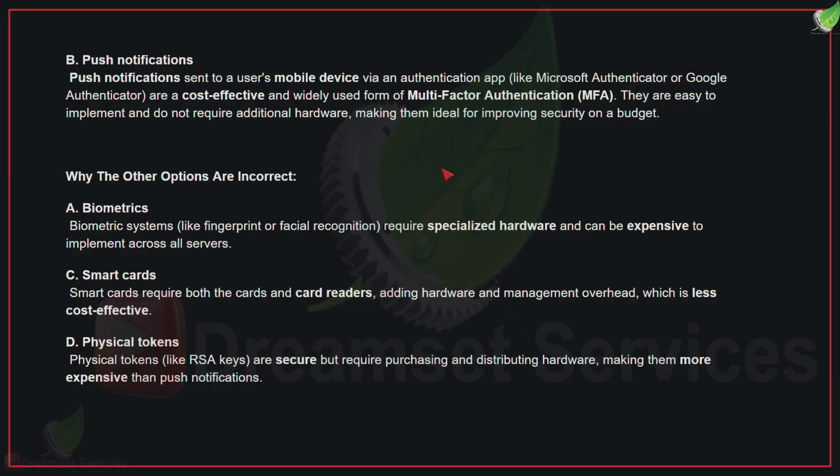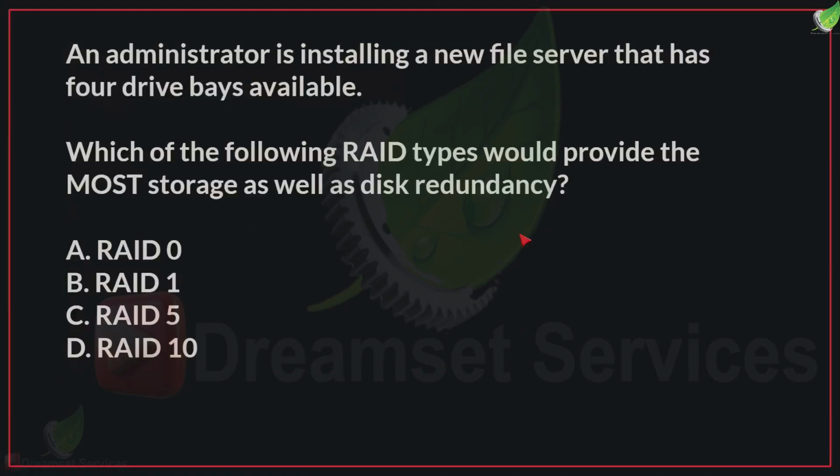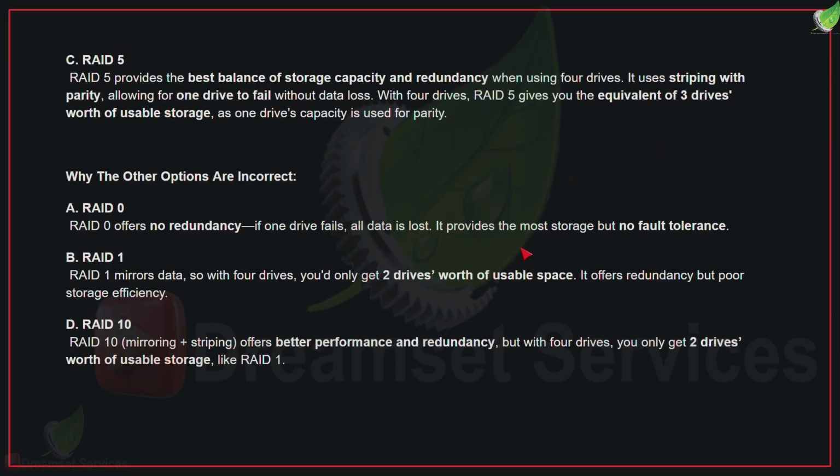Push notifications. An administrator is installing a new file server that has 4 drive bays available. Which of the following RAID types would provide the most storage as well as disk redundancy? The correct answer is C. RAID 5.